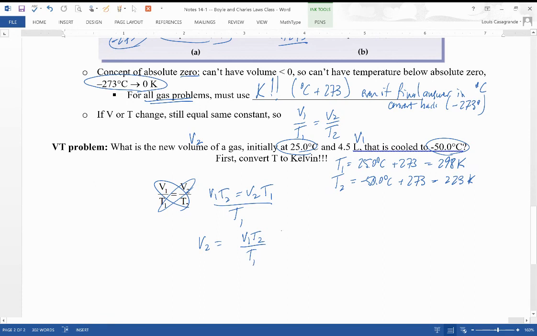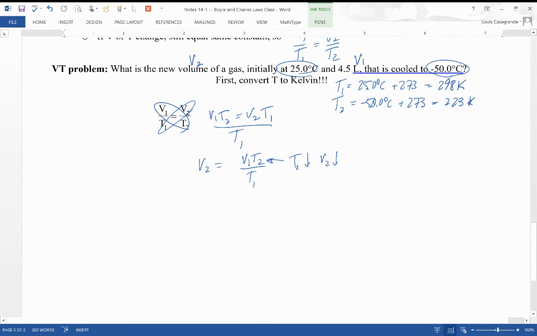And so notice that as T2 went down, V2 should also go down because T2 is in the numerator. Let's make sure that that works. Let's plug the numbers in. So V2 is equal to V1, which was 4.5 liters, times T2, 223 Kelvin, divided by 298 Kelvin.